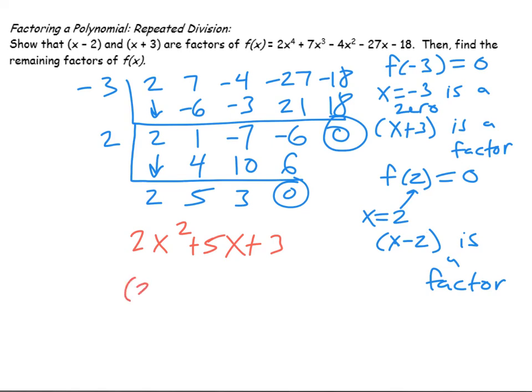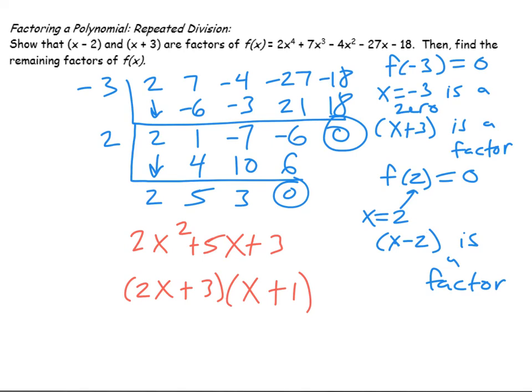You have some much more basic factoring methods. This one is easily factorable. Or you could have gone to the quadratic formula with some pretty small numbers. A is 2, B is 5, C is 3. Once you get that down to a quadratic, you've got those tools back, particularly the quadratic formula. Works out nice.